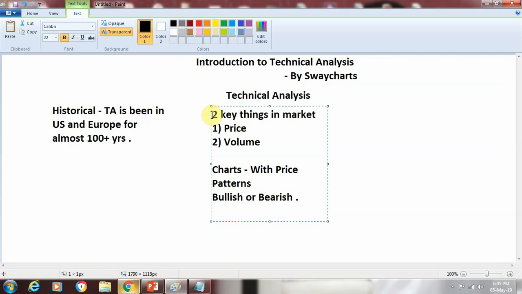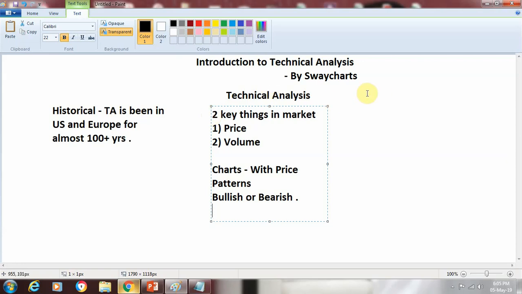So if I'm able to read the patterns and understand whether it is bullish or bearish, it makes sense to take a trade from that viewpoint, right? And it makes us an easy entry into the market, right? So that is the key reason why technical analysis is gaining more and more popularity.